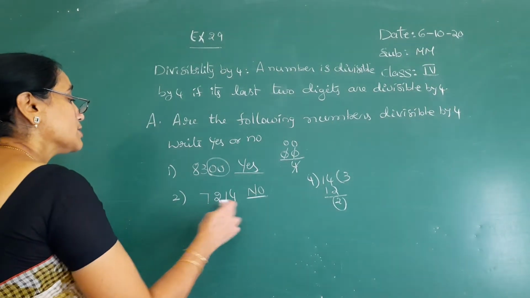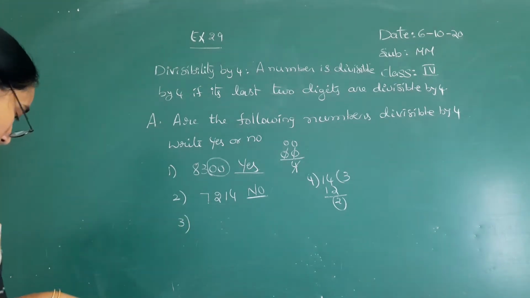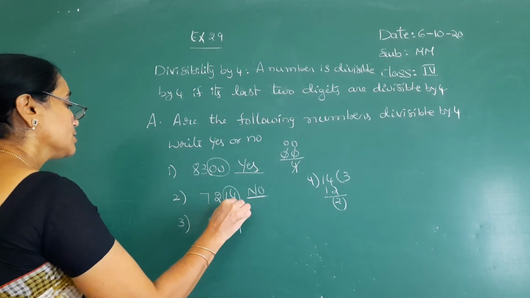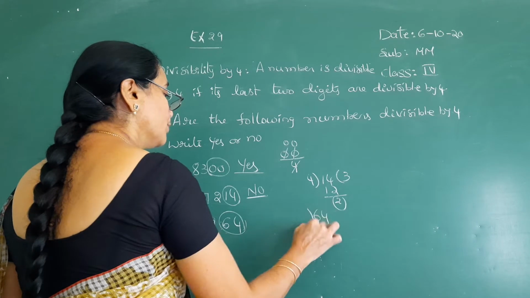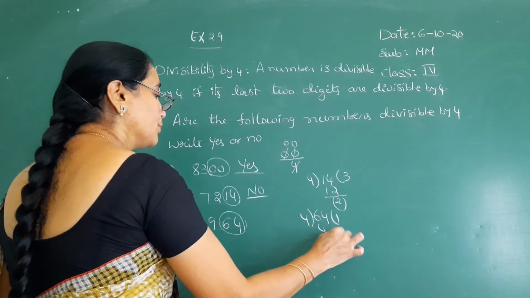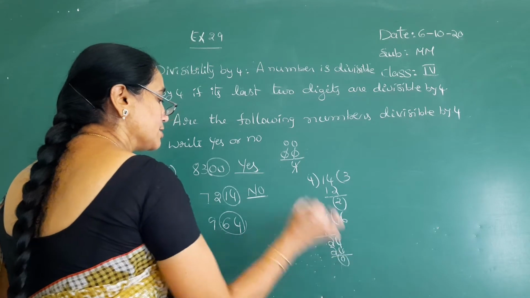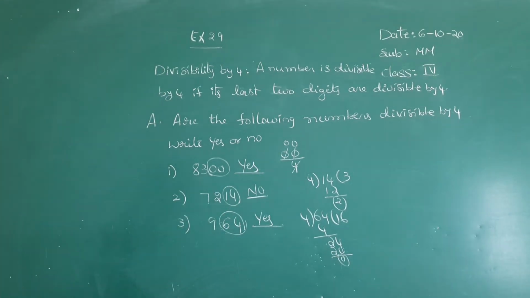See the third one, 964. Here the last two digits are 64. Divide 64 by 4. 4 ones are 4, 4 sixes are 24, remainder is 0. So yes, it is divisible by 4.